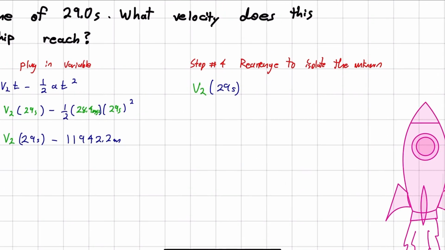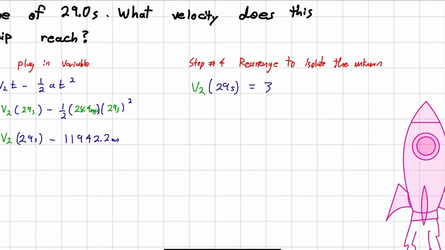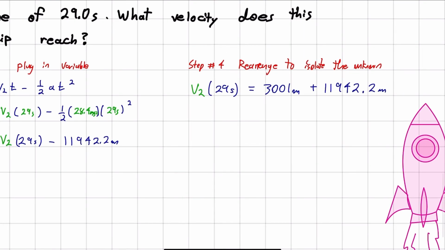And you'll see that here. Just to simplify things, we want to have our unknown variable, that's v2, on one side of the equation all by itself.